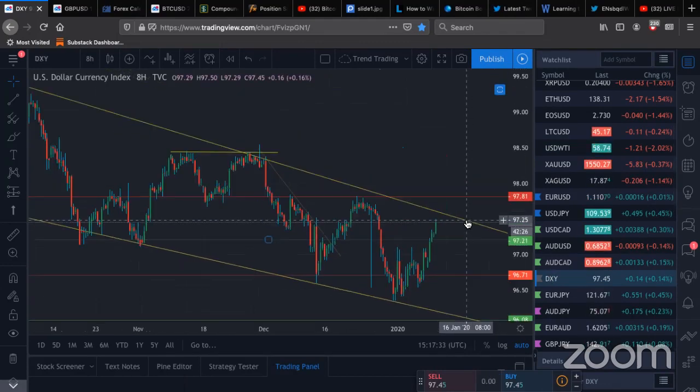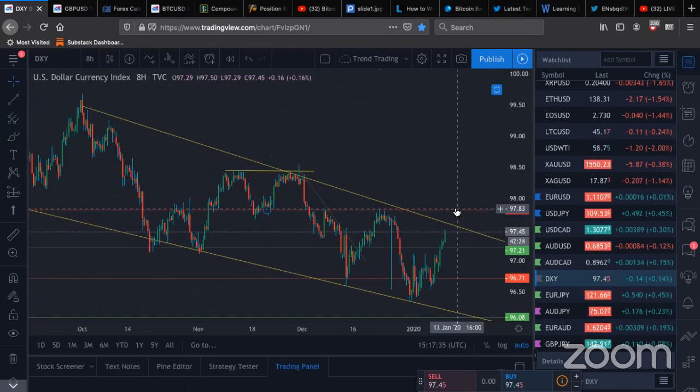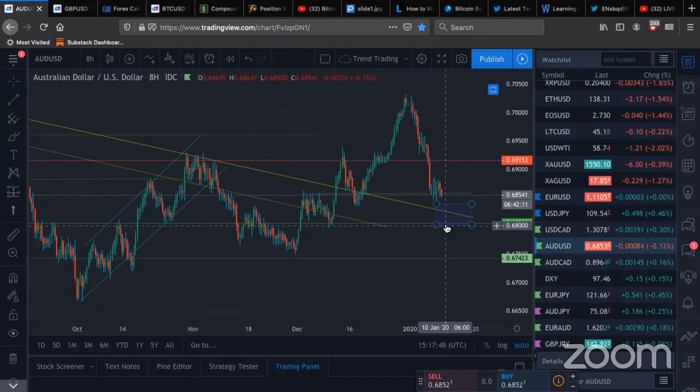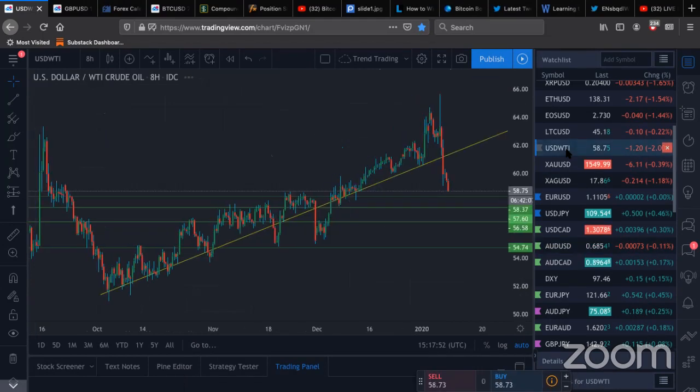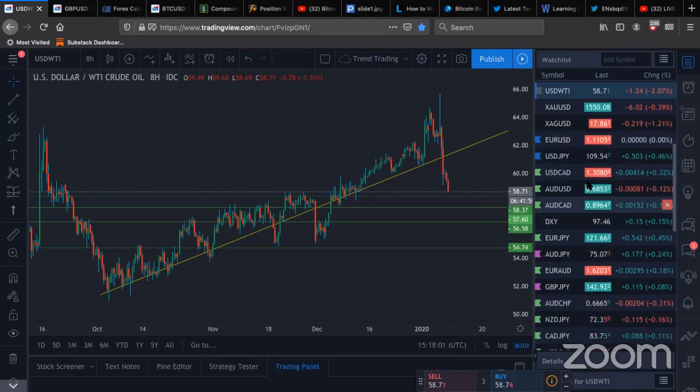Well, if we get above this resistance over here on the dollar, right? Then we're going to see further dollar strength. It's going to mean all of a sudden the Australian dollar has broken out down here to the downside. Crude is going to be definitely getting below these important areas over here, right? And then you're going to see also, let's pull up the US dollar, Canadian dollar.